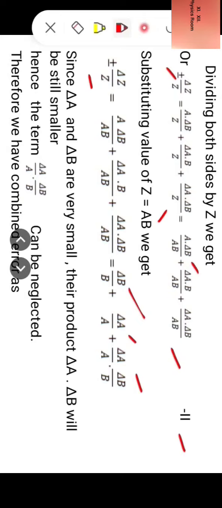Hence, the term delta A by A into delta B by B can be neglected.